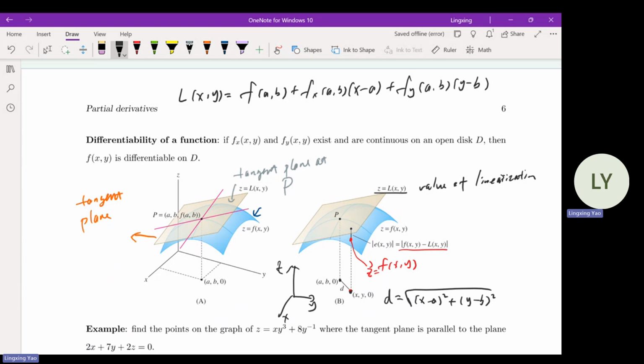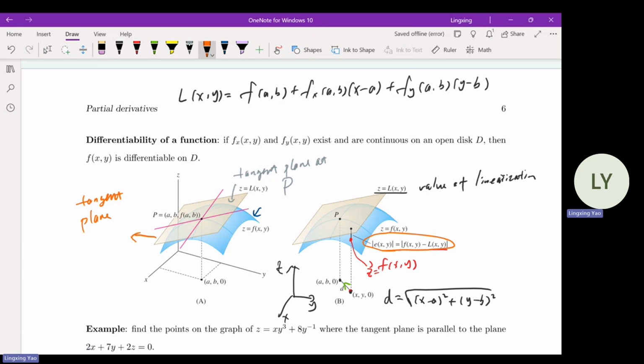What it asks for is that when you are getting closer in the xy plane from any point x, y to the point A, B, that distance is in the denominator, and another distance, which is the error over here, is the distance from the approximation, which is in the tangent plane, to the actual function value on the graph of the function.